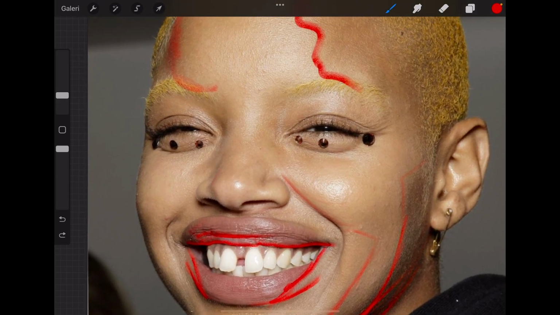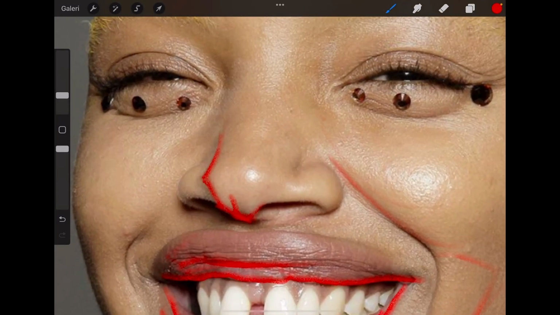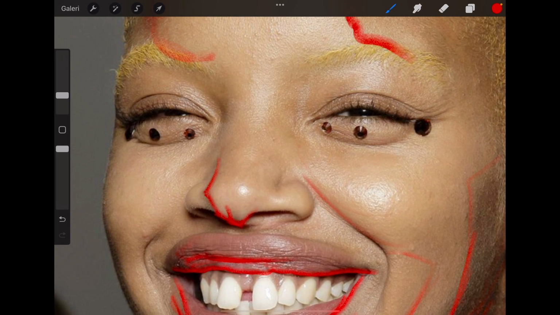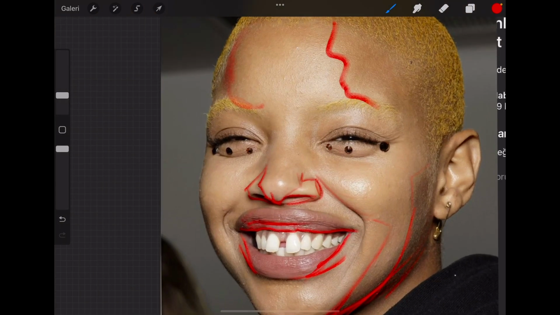And then look at this nose. Do you see this sexy structure? Do you see this butt? I have the spot too on my nose, it's quite prominent. Look at this. Wow.